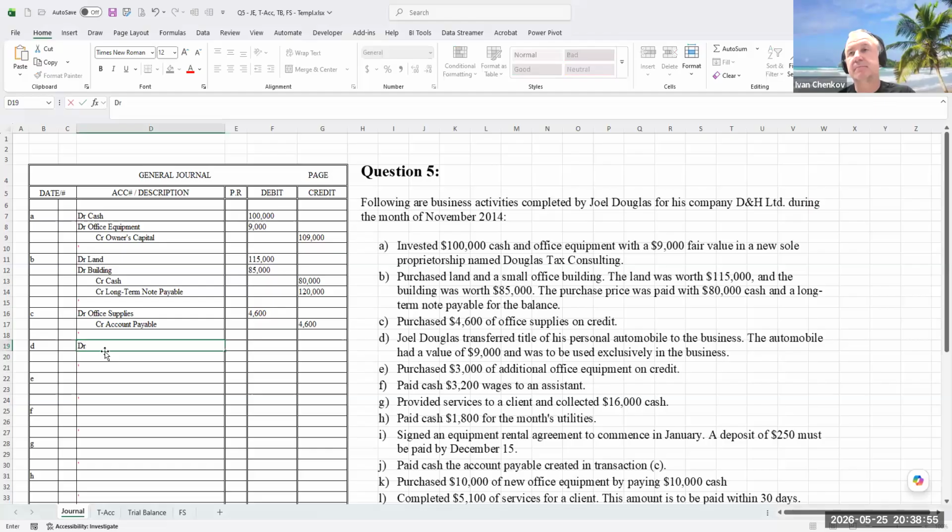Debit. Are you guys following me? The business got an automobile, correct? Let's debit this automobile for $9,000.